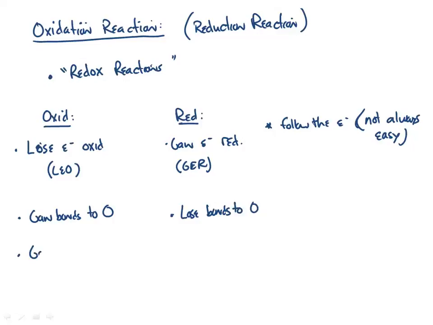And here I'm going to, of course, lose bonds to hydrogen, and here I'm going to gain bonds to hydrogen. And so those are the two easiest things to do, because it's very easy to count how many bonds there are to oxygen and how many bonds there are to hydrogen. And that'll get you the answer probably 95% of the time. And 95 is good enough to usually make that our best way.